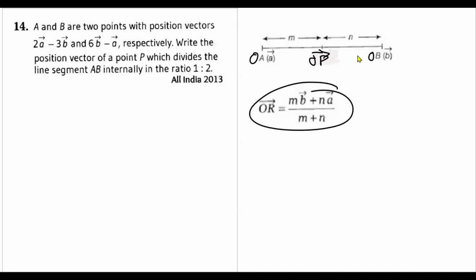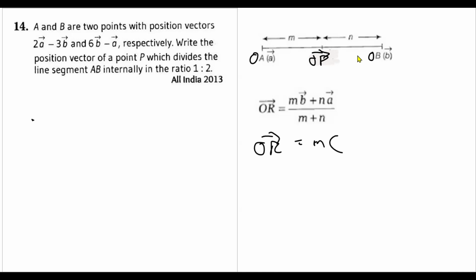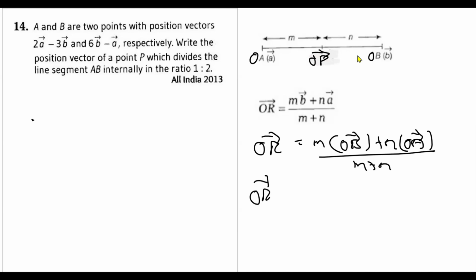Using this relation, the OR vector gives you M times OB vector plus N times OA vector, that whole divided by M plus N. Let's replace these values. M over here is 1, and N is 2.